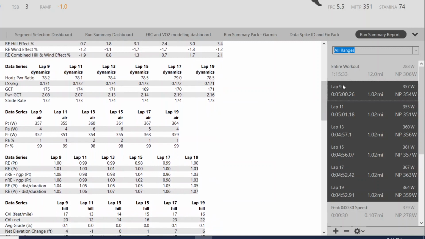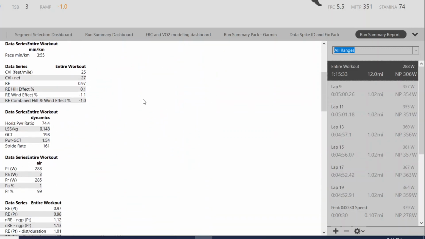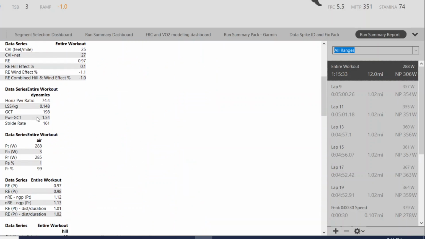The next is the dynamics, the running dynamics. Let me scroll back down. And what we have here is horizontal power ratio. Now, Stride Power Center reports form power and therefore form power ratio, which is basically the complement of this horizontal power ratio.